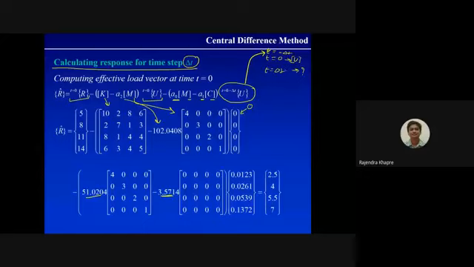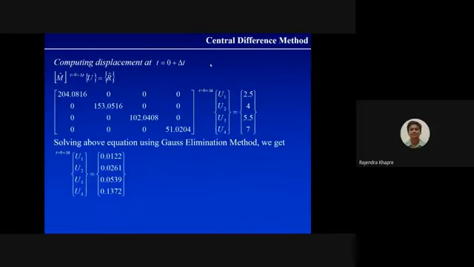In order to calculate the response at t is equal to delta t, you should know the displacement at t is equal to 0, and you should also know the displacement at t is equal to minus delta t, one step prior. So you just substitute the values, and what you get is the effective load vector over here. Once this effective load vector is calculated, you can calculate the unknown displacement at t is equal to delta t.